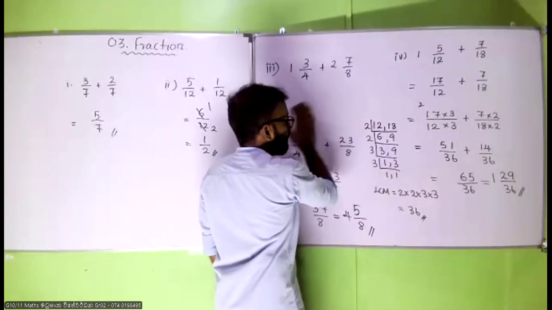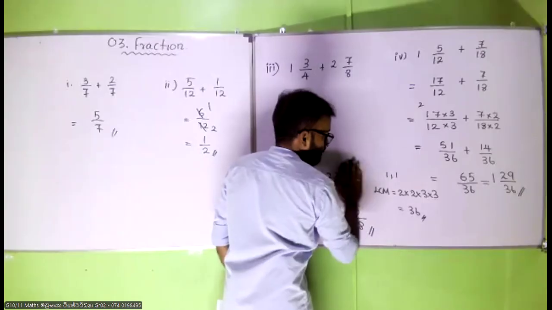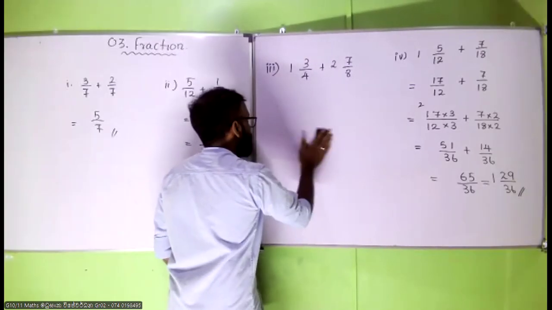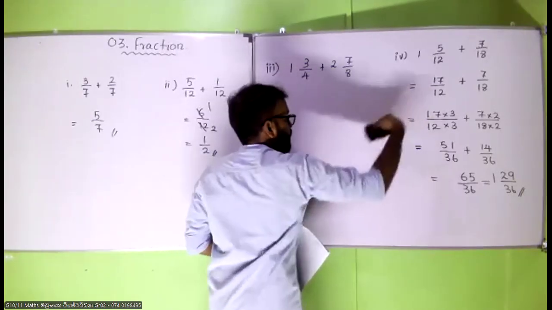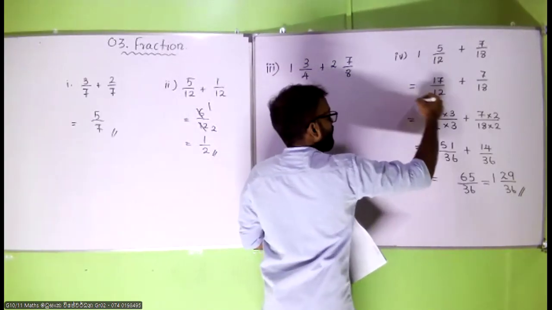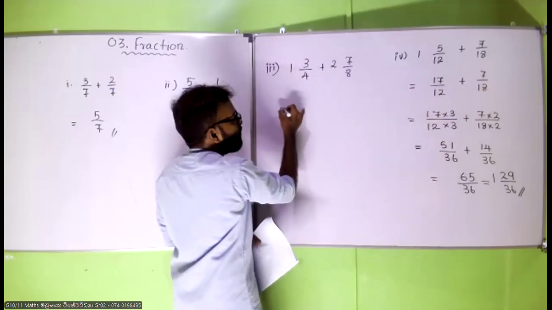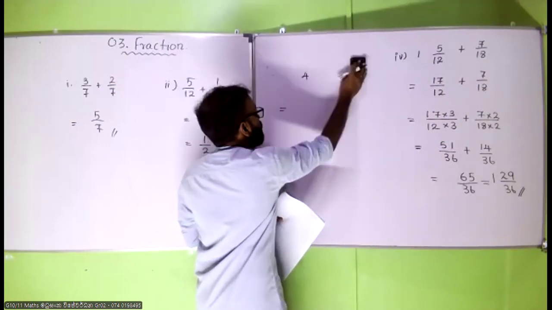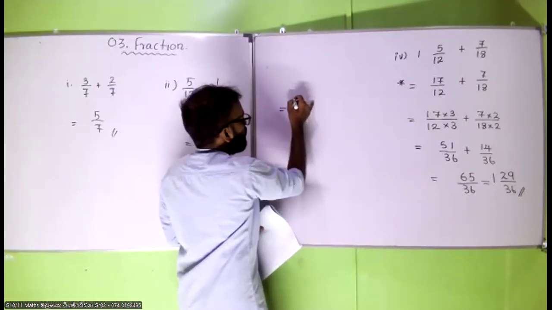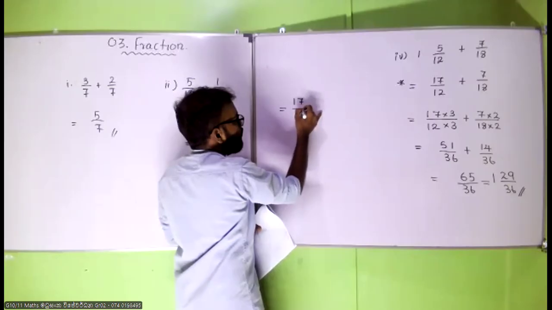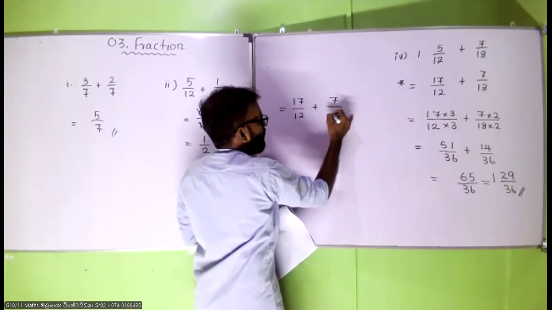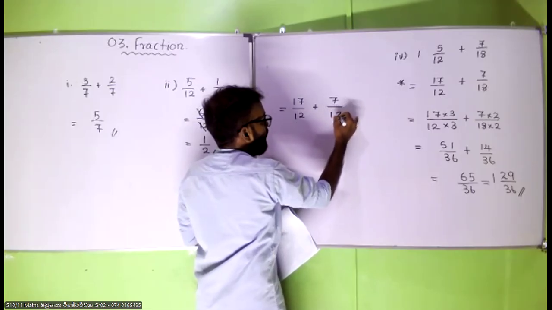So I will do it here. From here onwards, I am going to change the method. I will rewrite this step again. 17 upon 12 plus 7 upon 18.